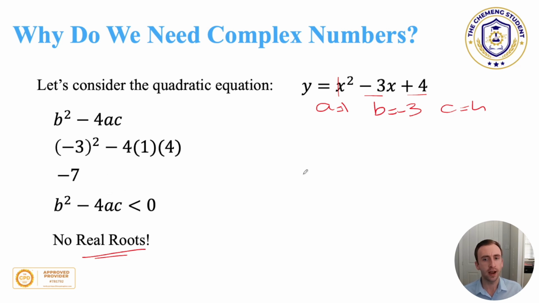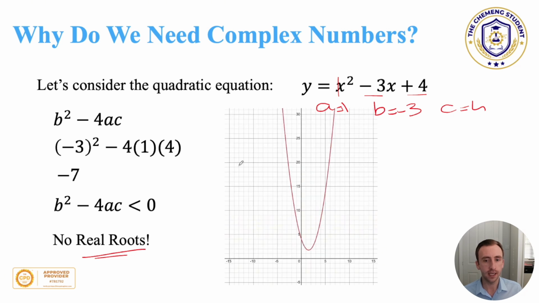But if we were to graph this, you can see that the graph shows that this quadratic equation exists. But if we process it using the quadratic formula, it tells us it doesn't exist. So we have a bit of a contradiction. And this contradiction is what led to the development of complex numbers.